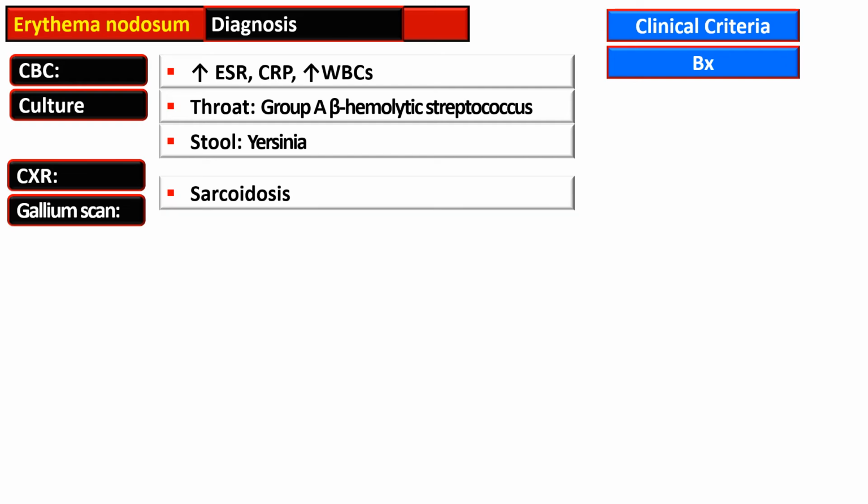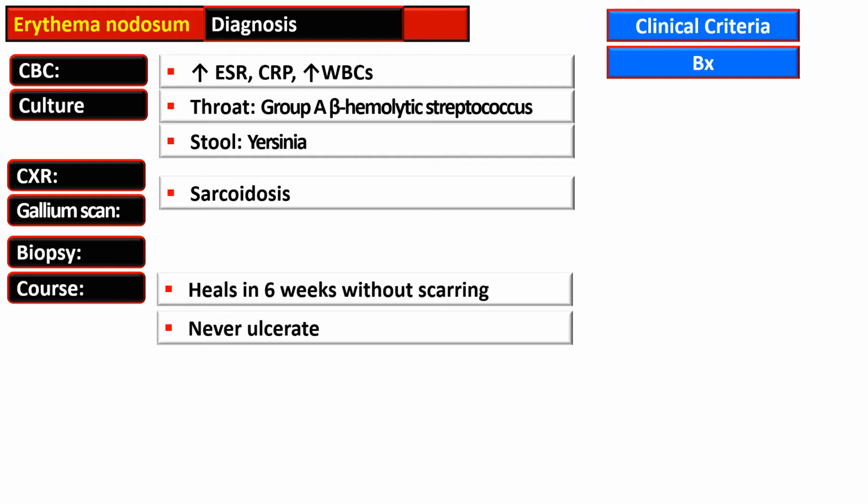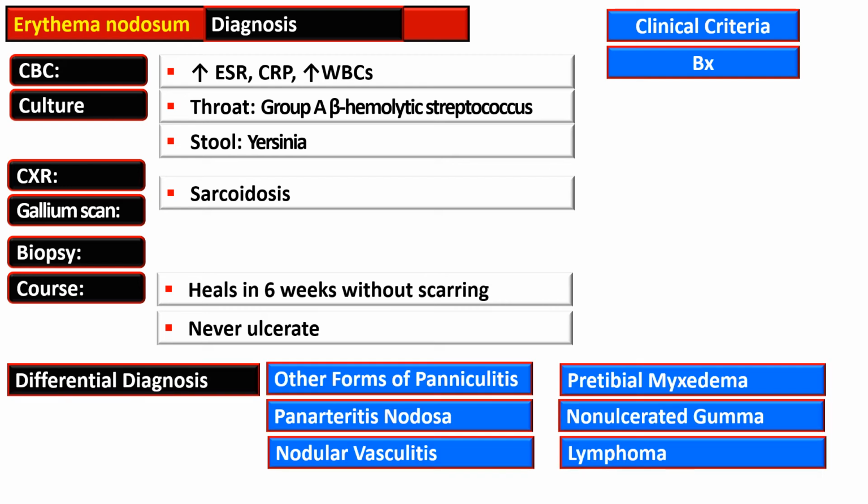The chest X-ray and gallium scan are helpful to rule out sarcoidosis. The lesion heals in 6 weeks without scar formation, and the lesion of erythema nodosum never ulcerate.